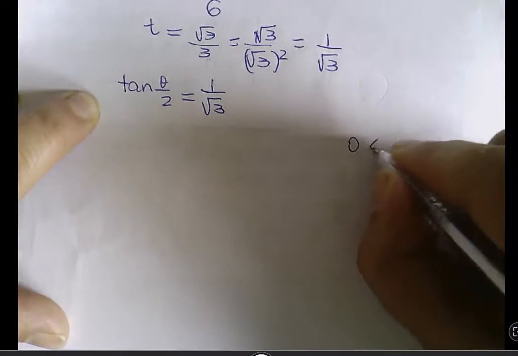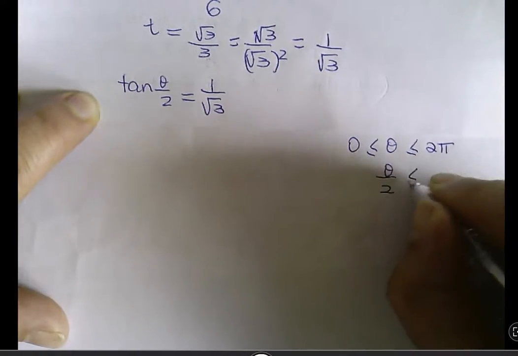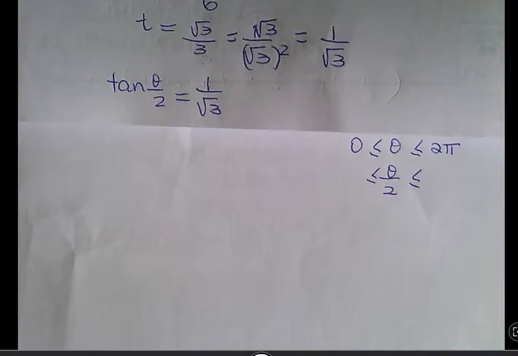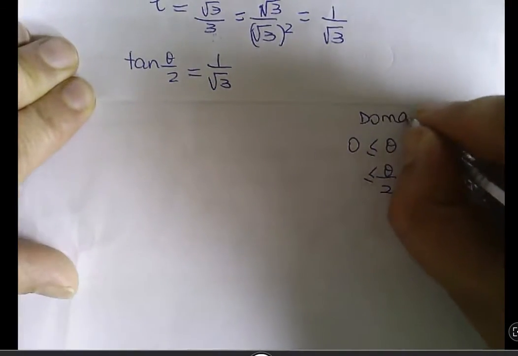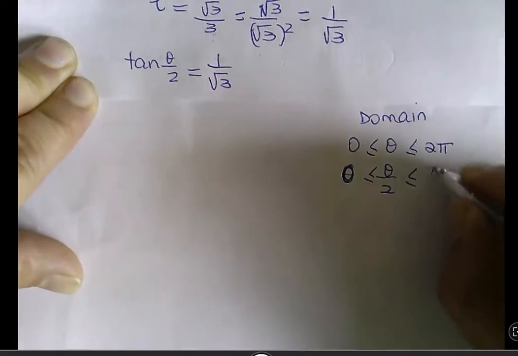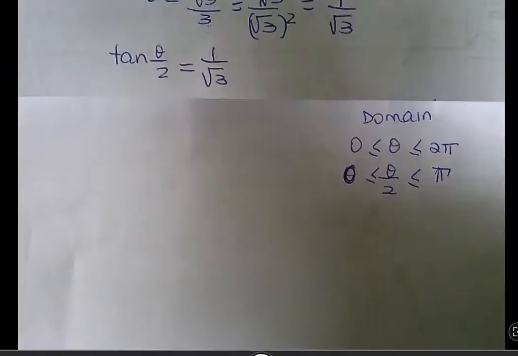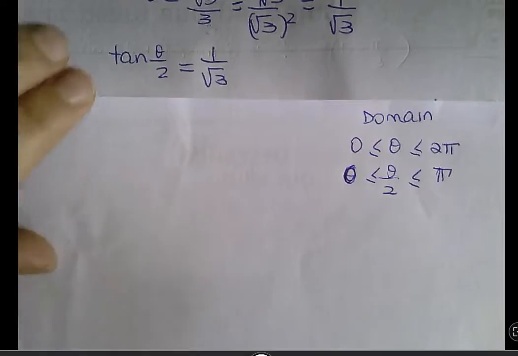So our question is 0 less than or equal to theta less than or equal to 2 pi, but I don't have theta, I've got theta on 2. What's my new domain? 0 less than or equal to theta on 2 less than or equal to pi. In other words, I'm only interested from 0 to pi or 0 to 180 degrees. That's why I'm only getting one solution.